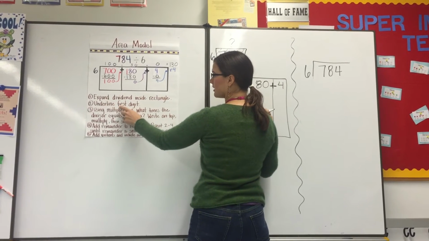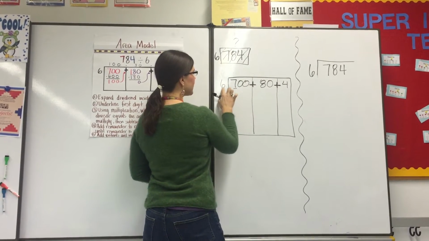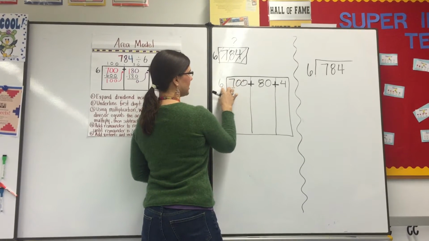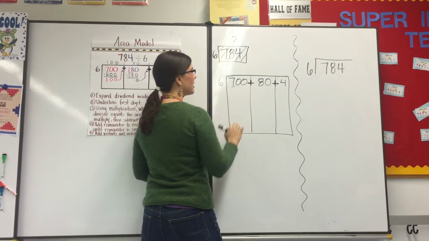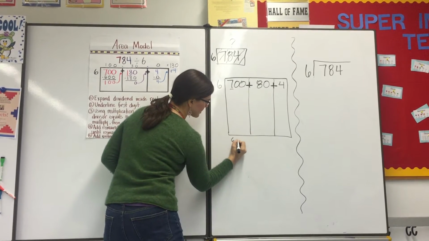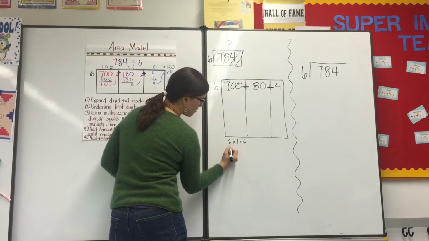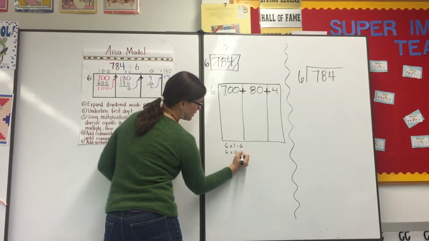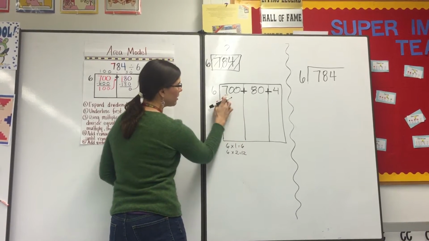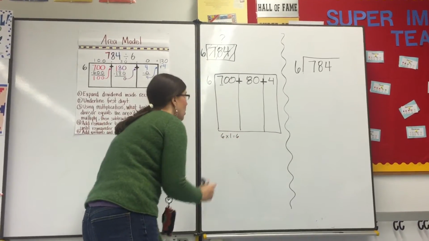My next step is to underline the first digit. So I'm going to underline this first digit. What times 6 can give us a number that doesn't go over 7? Well, I know that 6 times 1 equals 6, but 6 times 2 equals 12. 12 is over 7, so I have to stick with 6 times 1.